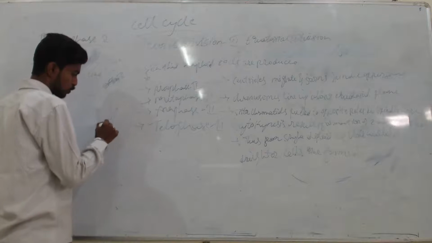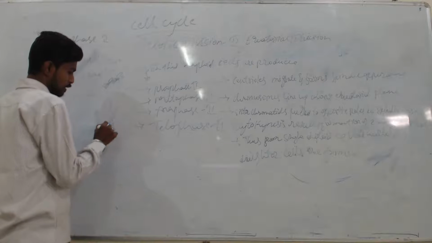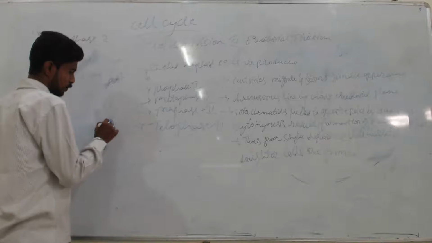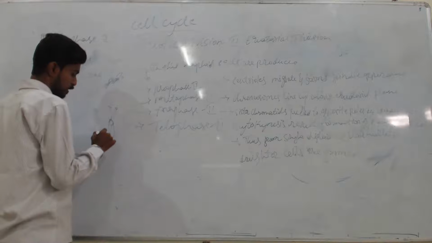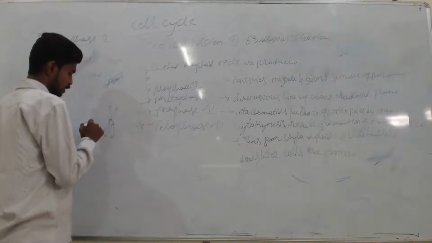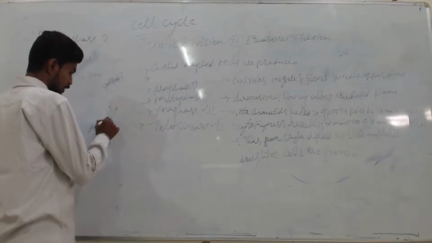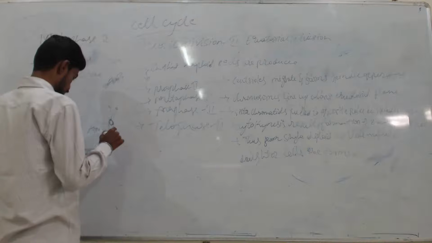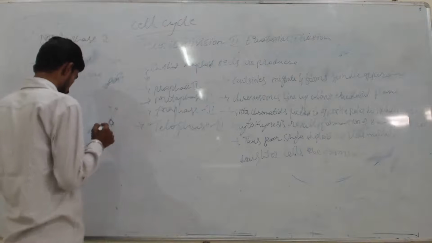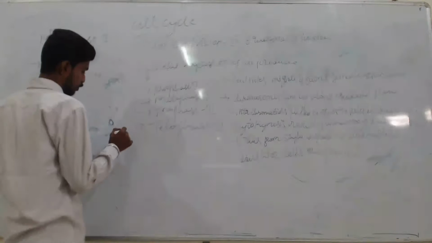This is the chromosome, this is the centromere, this is the telomeres, this is the fragment. During prophase 2, the centrioles migrate to opposite poles and the spindle apparatus is formed.